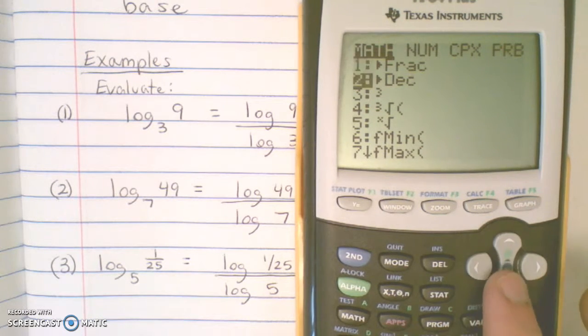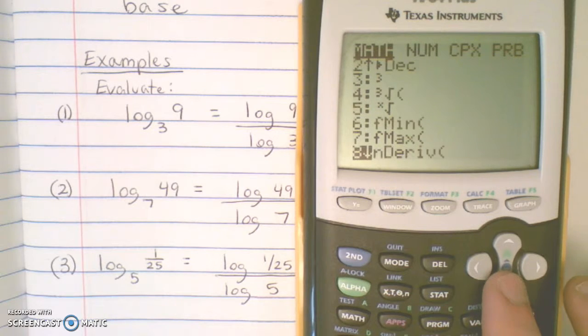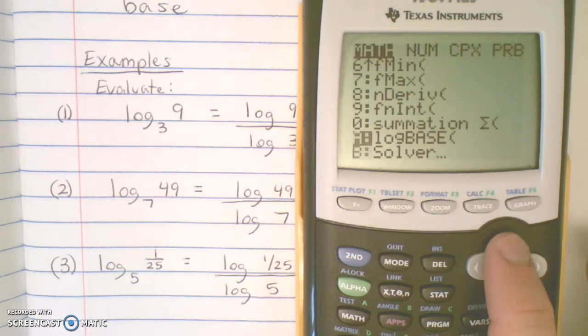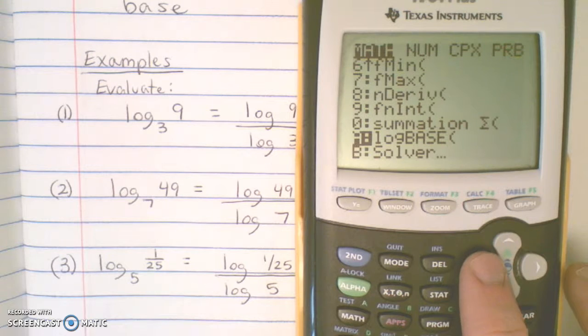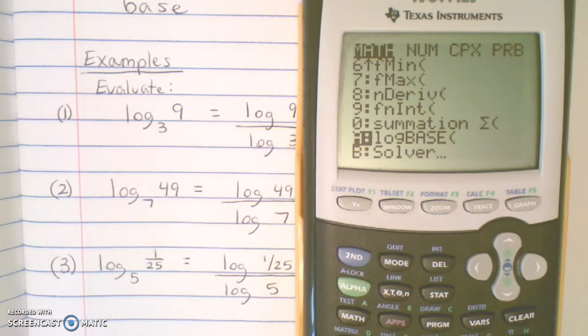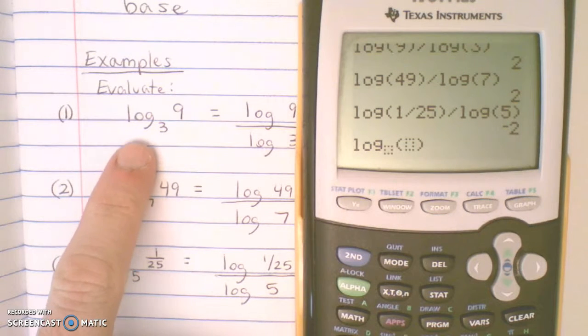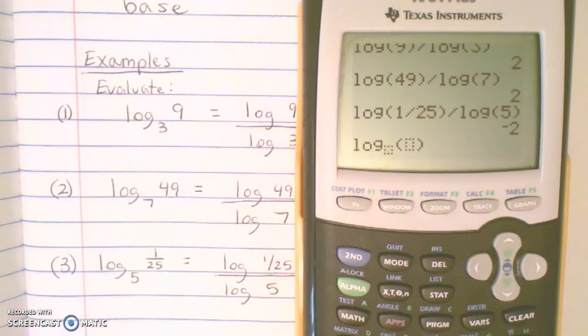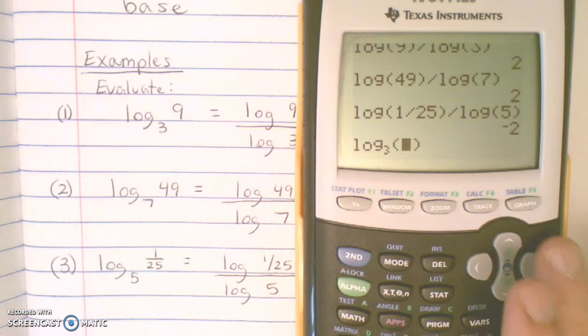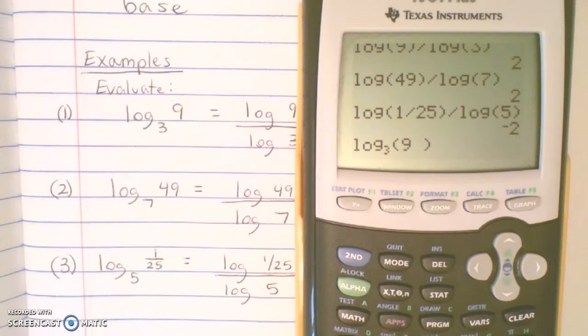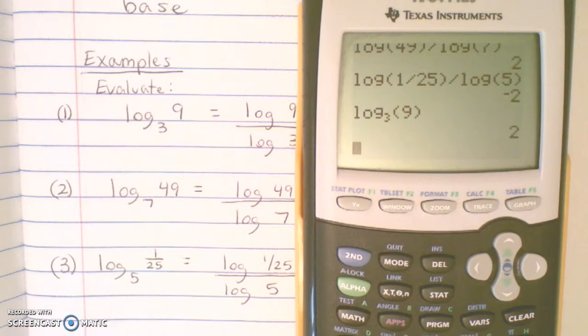We're going to scroll down, and you're going to see that there's a log base button in letter A. So if I go to log base and I hit enter, notice that it looks just like how the problem is set up. It's got log, and then I can type in those numbers, 3 and 9, and hit enter, and it'll give me the answer. So evaluating that tells me that the exponent on log base 3 of 9 is 2.